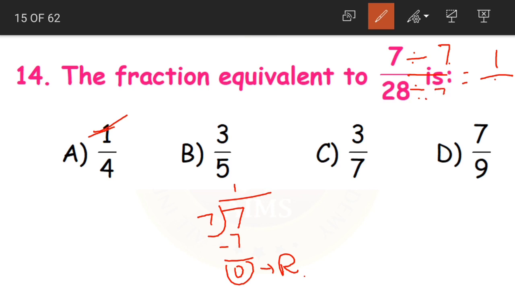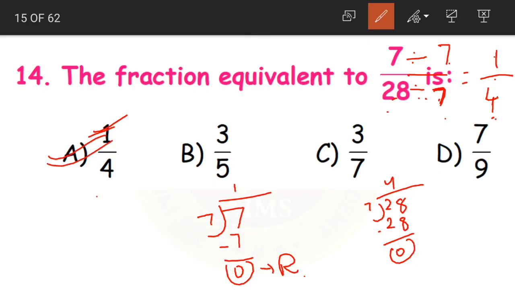The same thing should be done to the denominator as well. 28 divided by 7. We have 7 fours are 28 and when we subtract, 0 will be the remainder. So what is the answer? For 28 divided by 7, 4 is our answer. So 1 by 4 becomes our equivalent fraction. Option A is the correct answer.